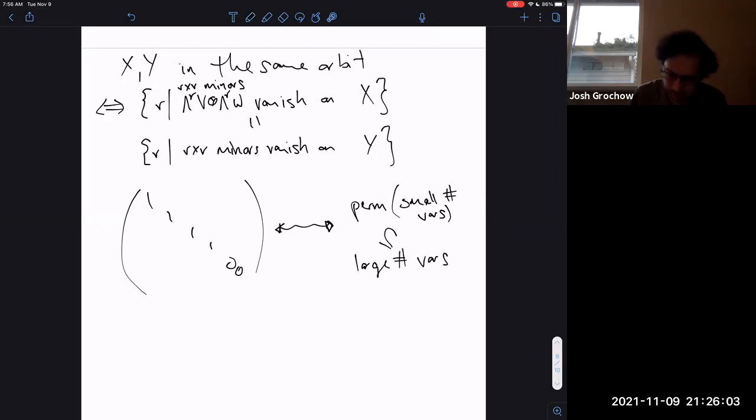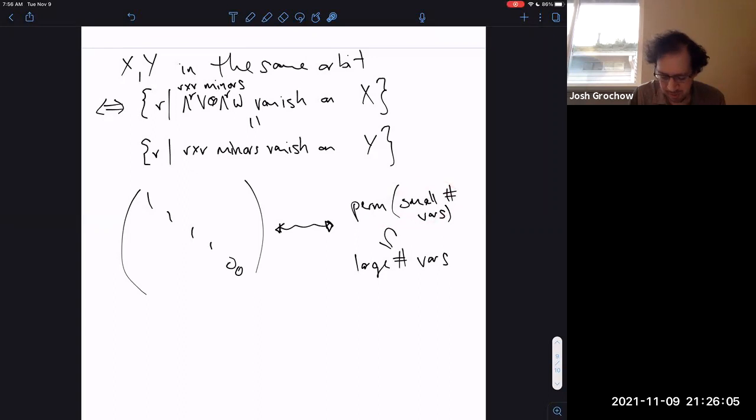Okay. Where the fact that this permanent doesn't depend on all the variables is somehow related to the fact that these zeros are here. Okay, and this will lead us to this notion of partial stability from GCT1.